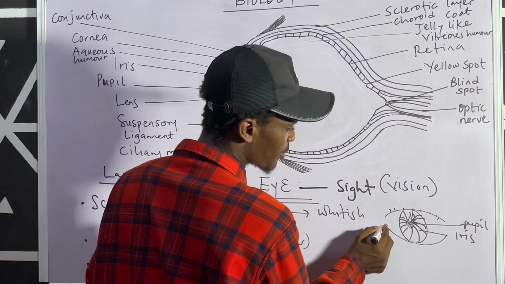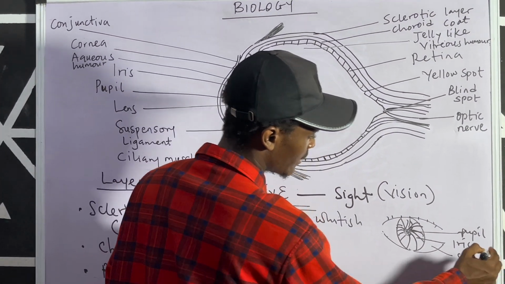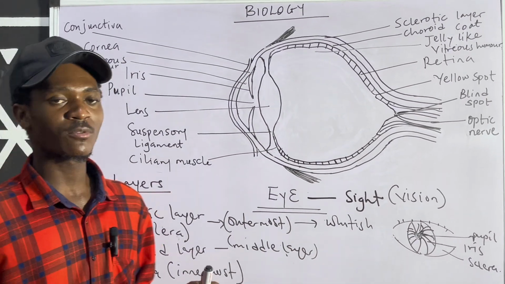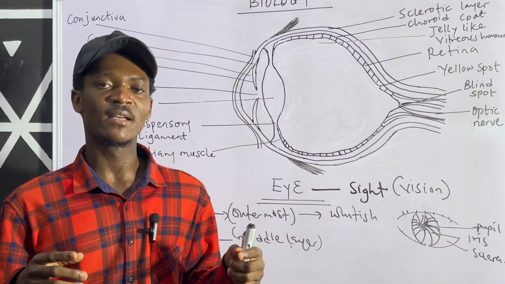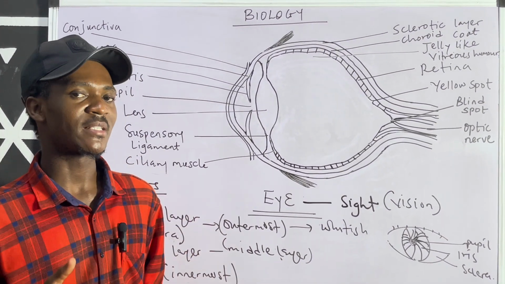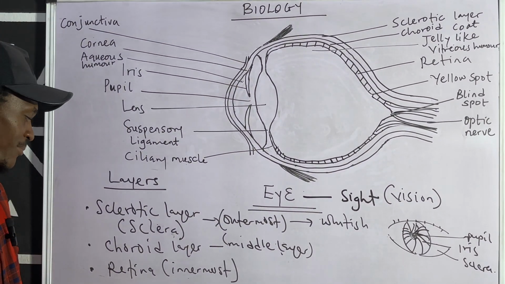Then you see this whitish part that is found at the sides is known as the sclera or the sclerotic layer. The primary duty of this is that it tends to protect the eyes as well as to maintain the shape of the eyes. So shape maintenance of the eyes is to this guy, which is the sclera. All right.